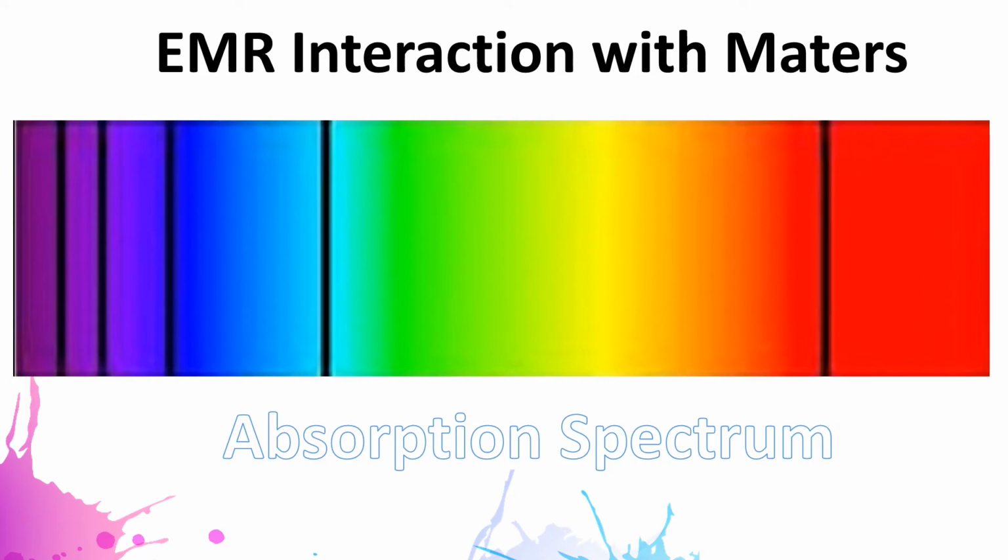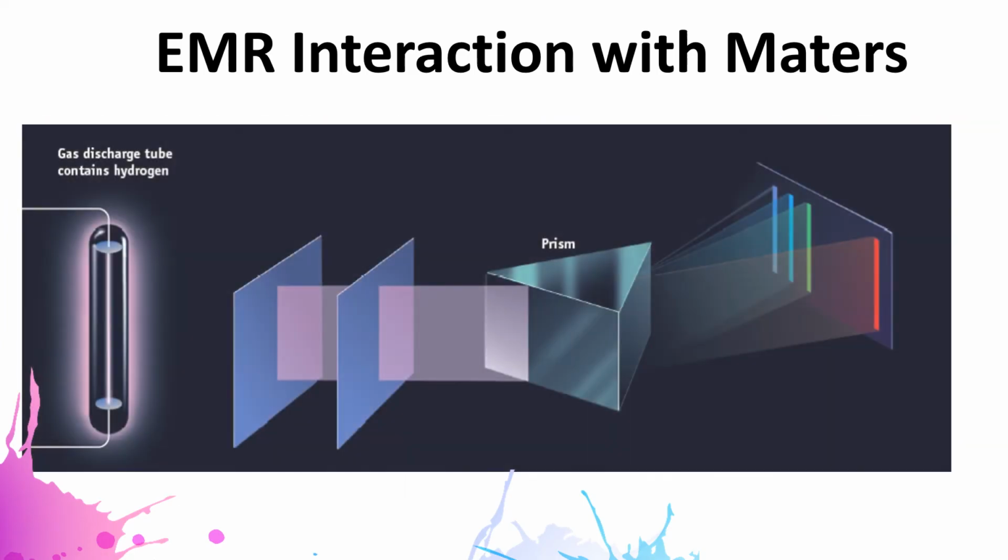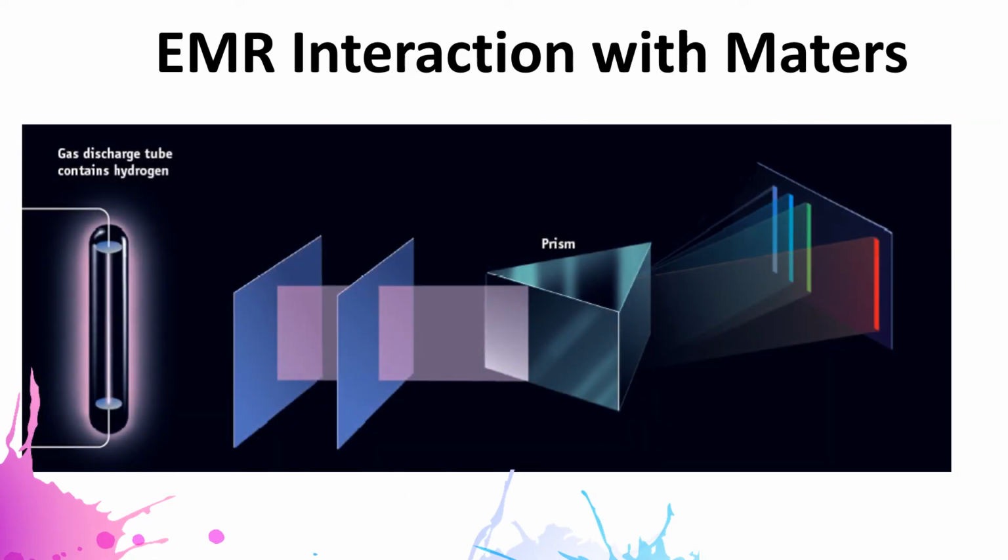And let's discuss the emission spectrum of hydrogen. Here is a similar experimental setup, but we remove the electromagnetic radiation source, and we give an electric spark to this gas sample.